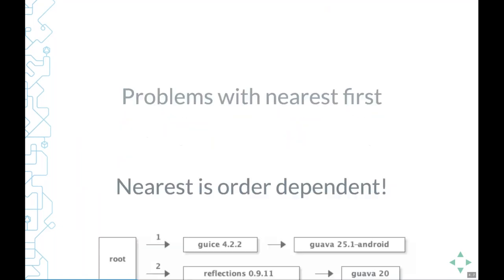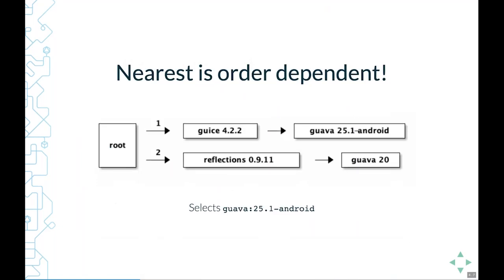What are the problems with that? So let's take a different dependency graph, and this time we have two dependencies, but we can see that the Guava one is not a direct dependency. So Guava is actually always a second level dependency here. So the first one is Guice that we still use, and the second one is a different library, which is Reflections, and also brings Guava.